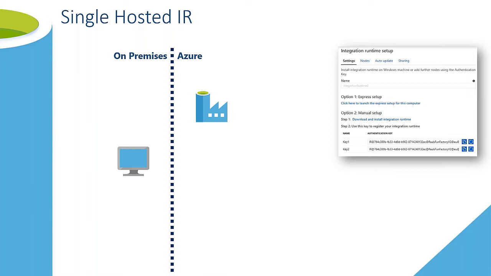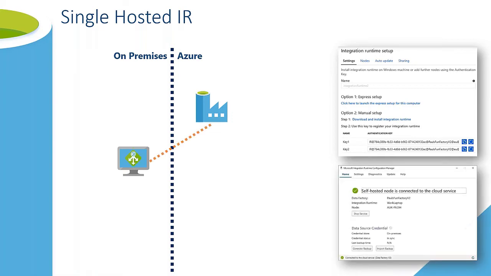It will give you the link to download the client, or you can just launch it, and it will give you a one-off authentication key that will allow that client to be registered to your data factory. And if you go through the motions and set this thing up, you will get that connection.